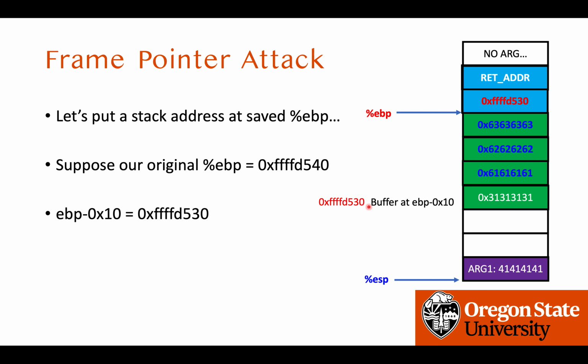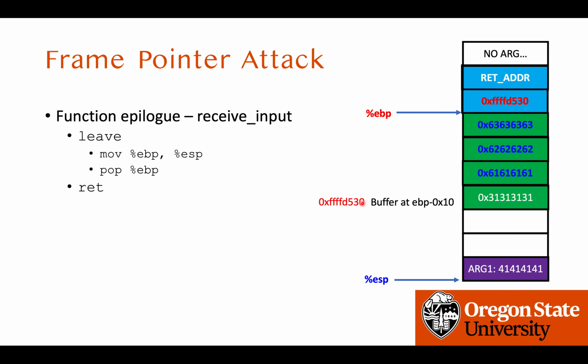And then we will put the address of the buffer as the overriding value of the saved EBP, like this. This value will be exactly the address of the buffer start. And then let's try to run the function epilogue in this setup. It will first move EBP to ESP, and then pop EBP.